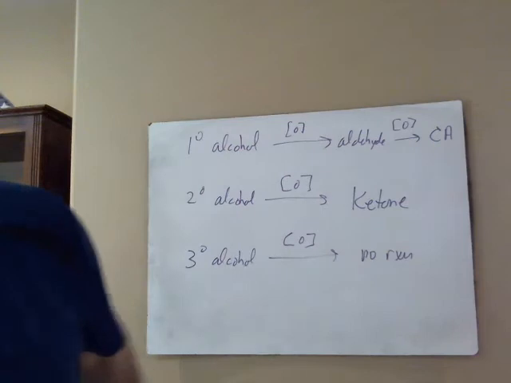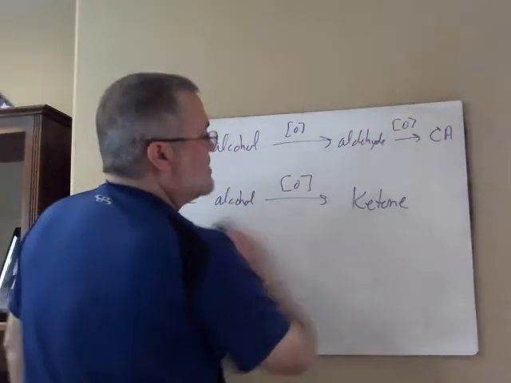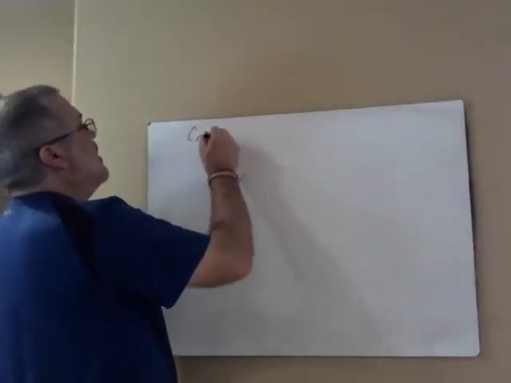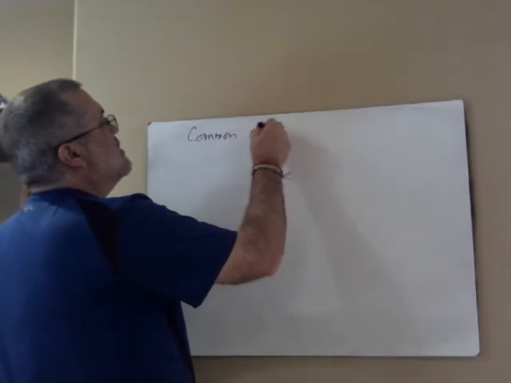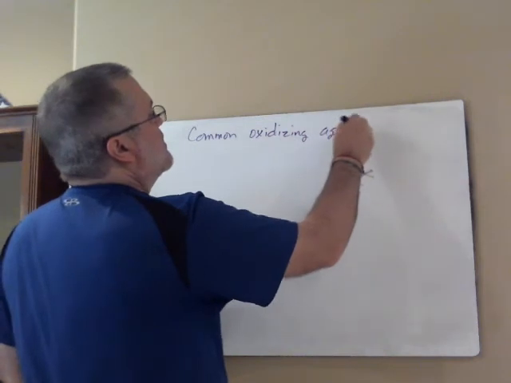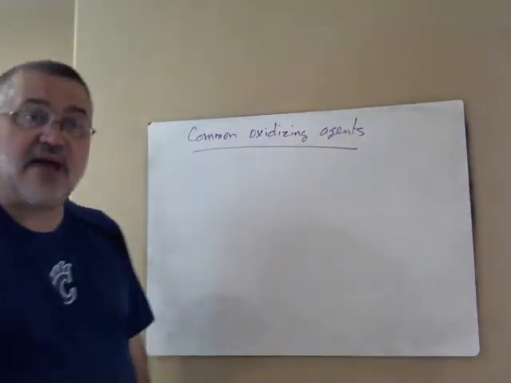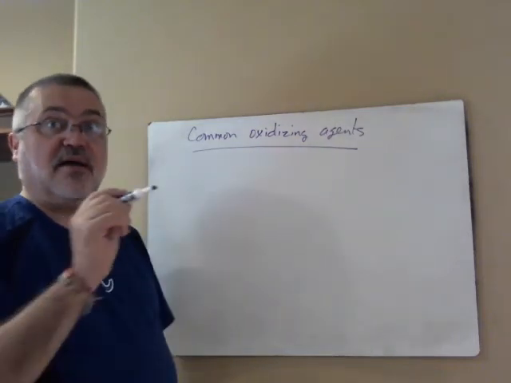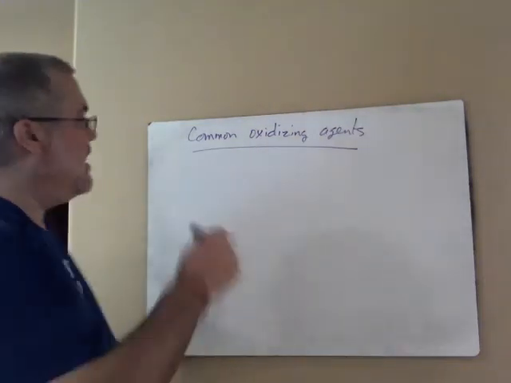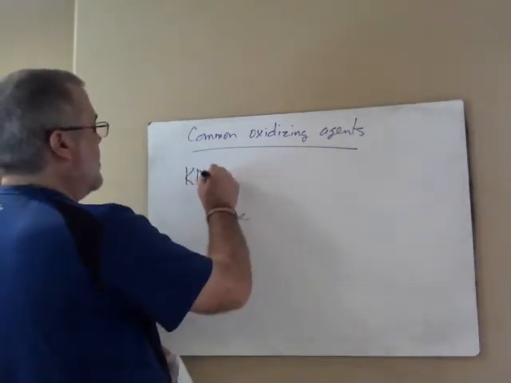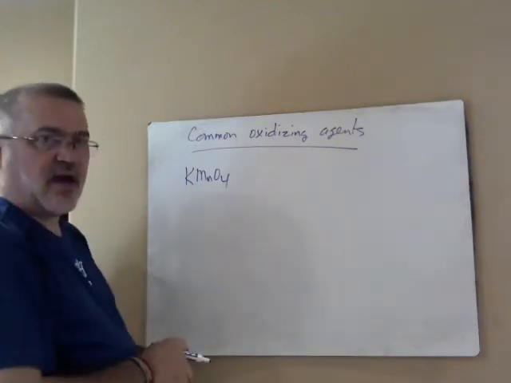Okay, so what are those common oxidizing agents? Let's look at those. So, common oxidizing agents. These are not to be confused with the reducing agents, which were sodium borohydride and lithium aluminum hydride. These are not going to be hydride reagents. They're going to be things we've seen before, or at least derivatives of that.